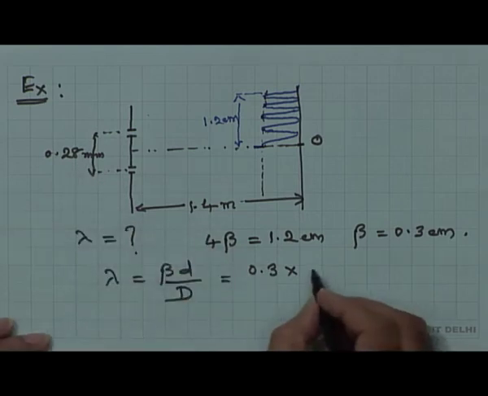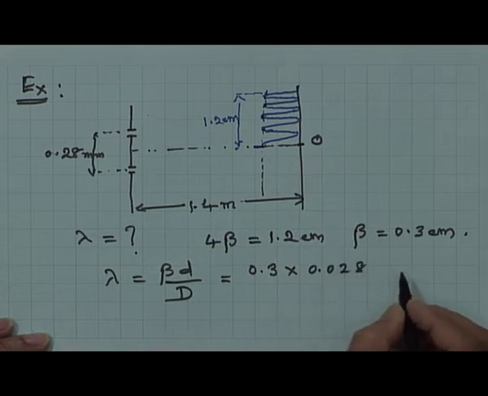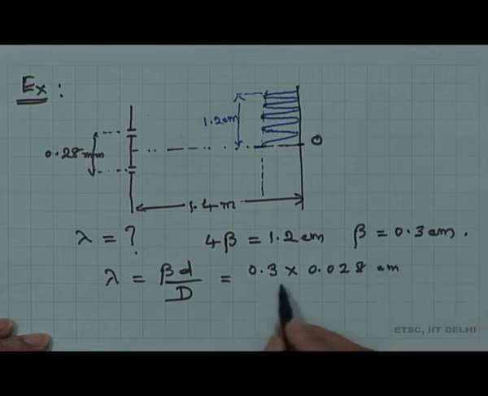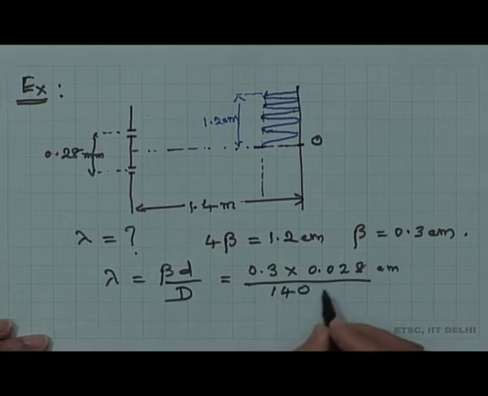So, this is 0.28 millimeter, which is 0.028 centimeter, I am writing everything in centimeter, divided by 1.4 meter, which is 140 centimeters here.